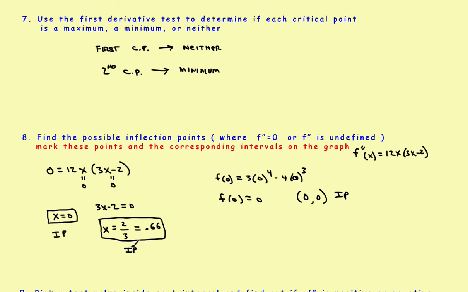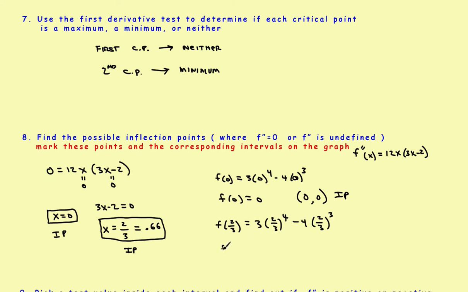And let's find the second. If x is equal to 2/3, what's y? So evaluate the original function at 2/3. That would be 3 times 2/3 to the 4th power minus 4 times 2/3 cubed.